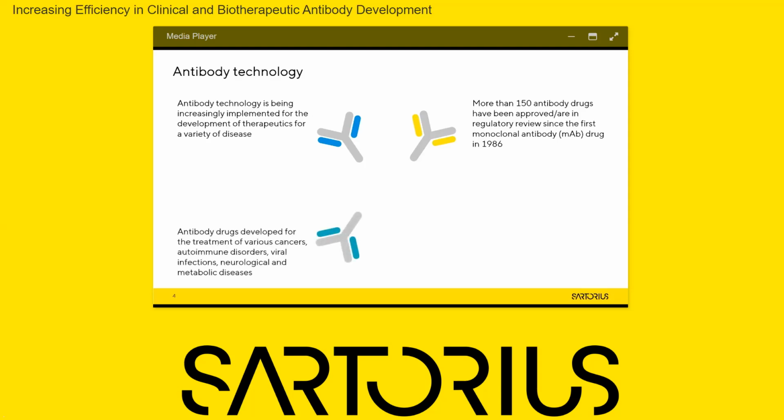Antibody drugs have been developed for the treatment of various cancers, autoimmune disorders, viral infections, neurological and metabolic diseases. And some of the advantages to using antibody drugs are high specificity, the low levels of toxicity with few side effects, and good development success rates.